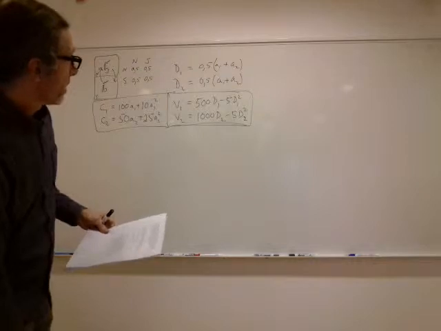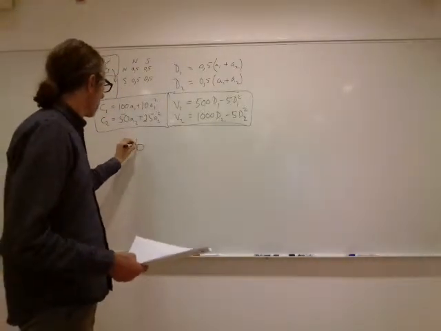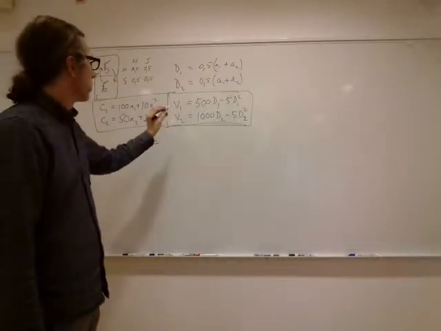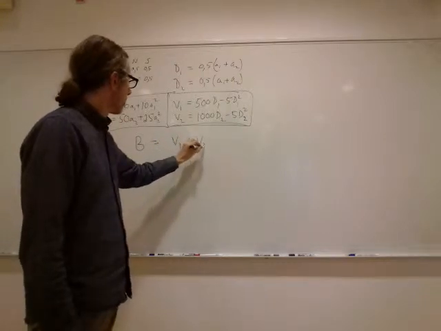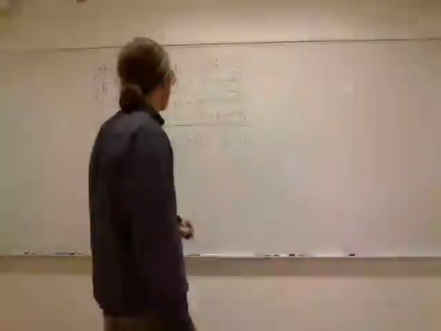So what happens if they cooperate? Well, then we want to maximize the total benefits, which is going to be V1 plus V2 minus C1 minus C2, isn't it?